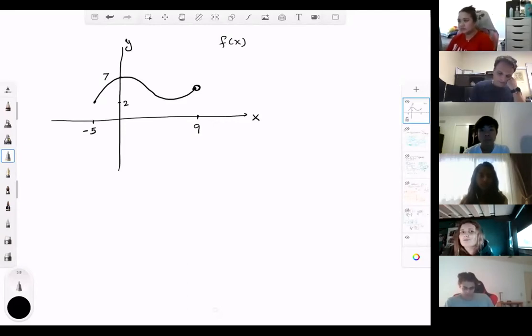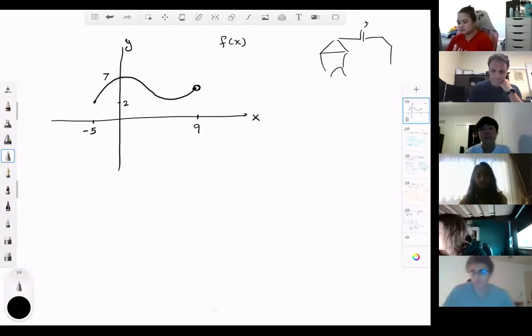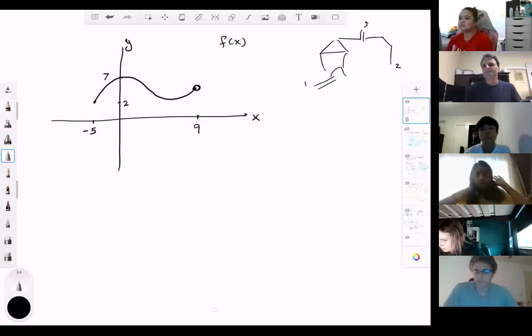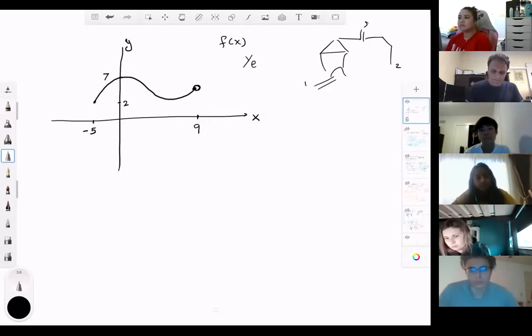In the video, I made a factory, correct? I said a factory represents a function that gets input and output. Then we went to the graph. Is this a function? In order to say yes or no for a graph, we have to make a vertical line.